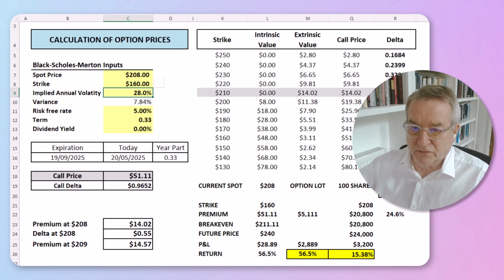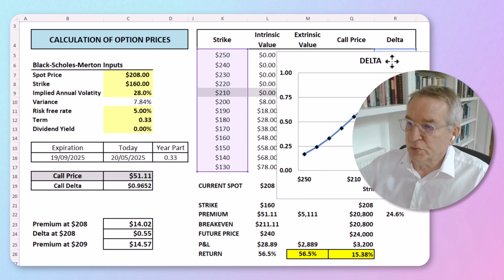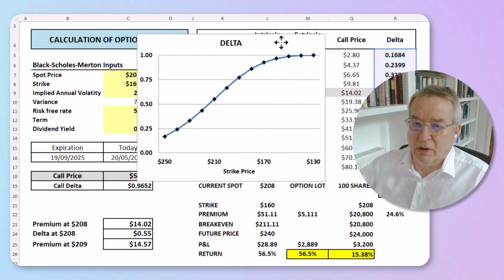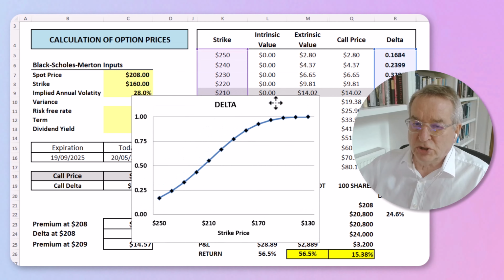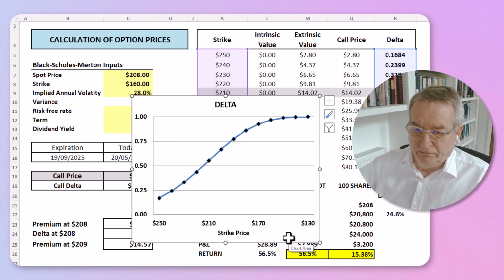Just bear in mind, you can see all these delta values here for these different strikes. I shall just move this into the diagram. What I did here was to create a graphic which illustrates the relationship between the strike, as here on the horizontal axis, starting over here at 250 and all the way down, and the vertical scale represents the delta values as seen here.